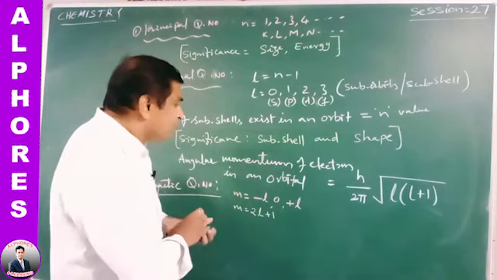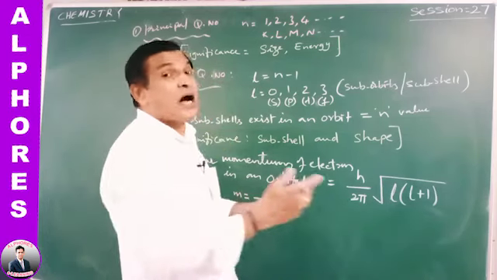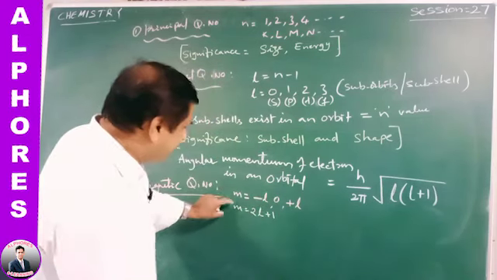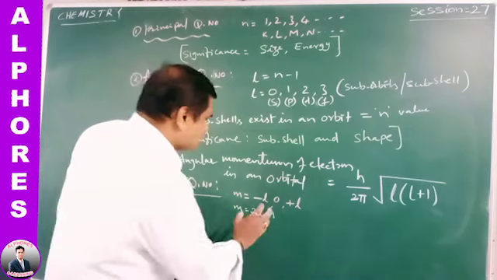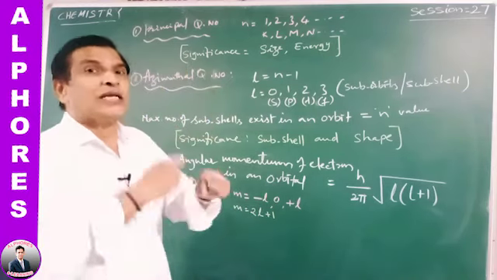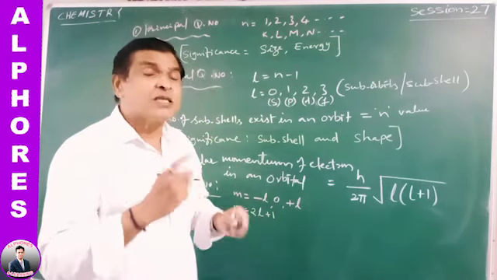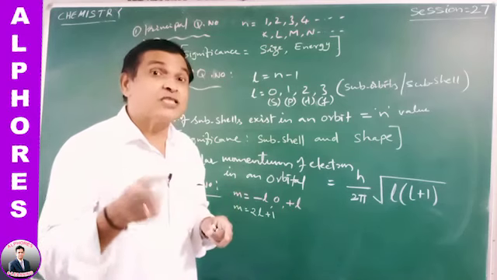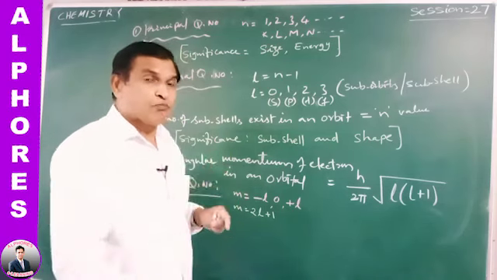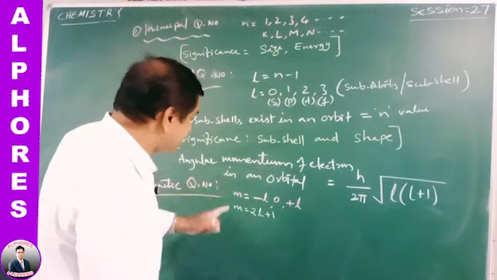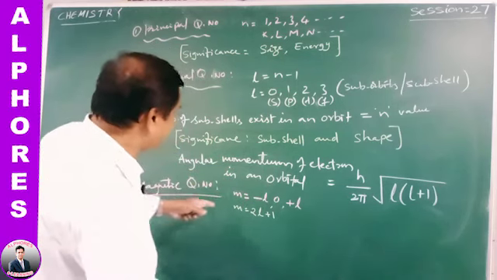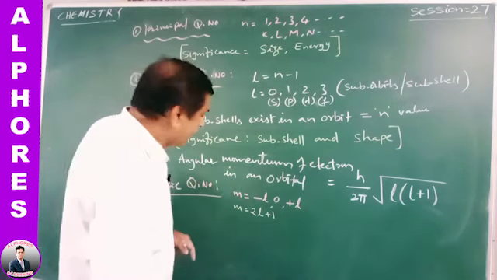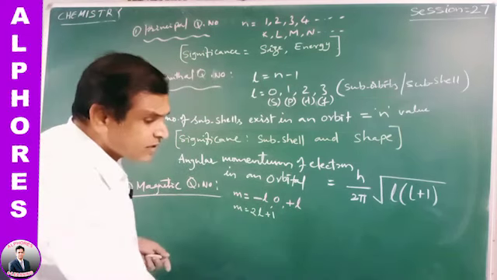So 2L plus 1 indicates the total number of orientations, that means the total number of orbitals present in the subshell.